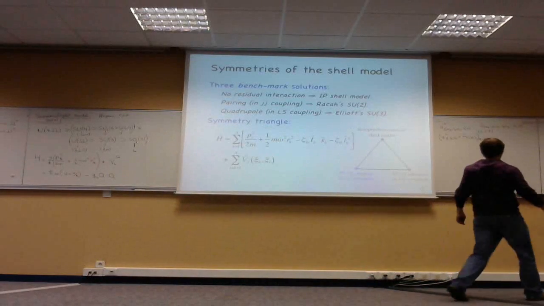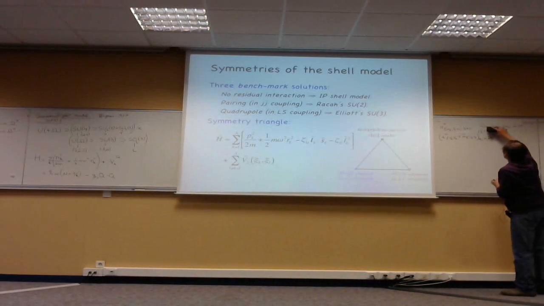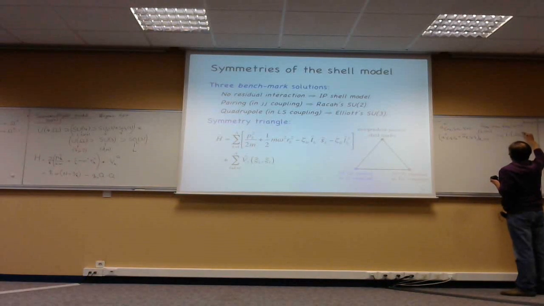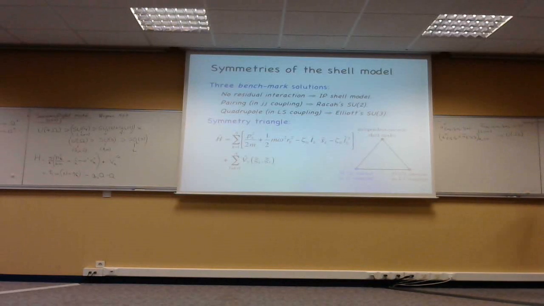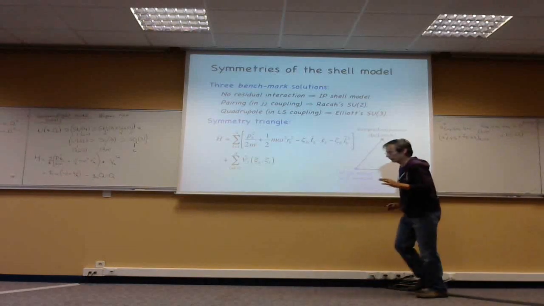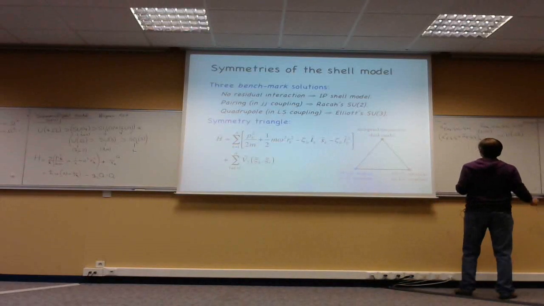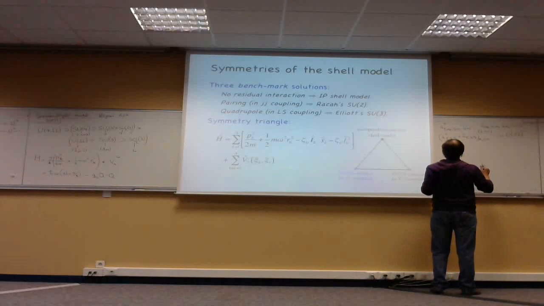You take scalar operators in the spin and in the isospin. So these will be the generators of U omega. Okay. And then how do you construct now the generators of SU3? This is a sort of a trick.